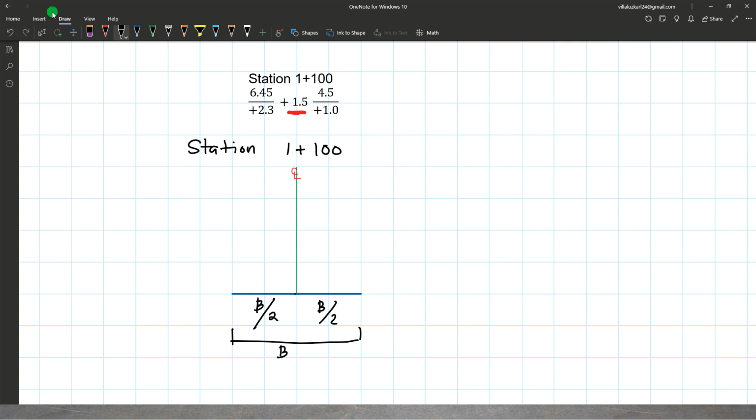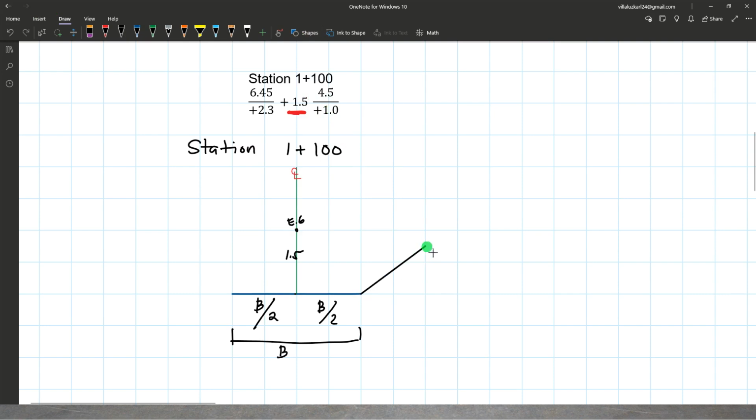So if this is the roadway here, 1.5 above it is the point where your existing ground is located. On the sides, we have 4.5 and positive 1.